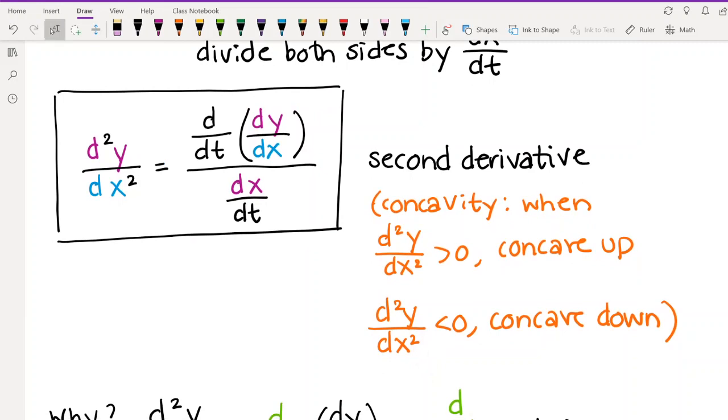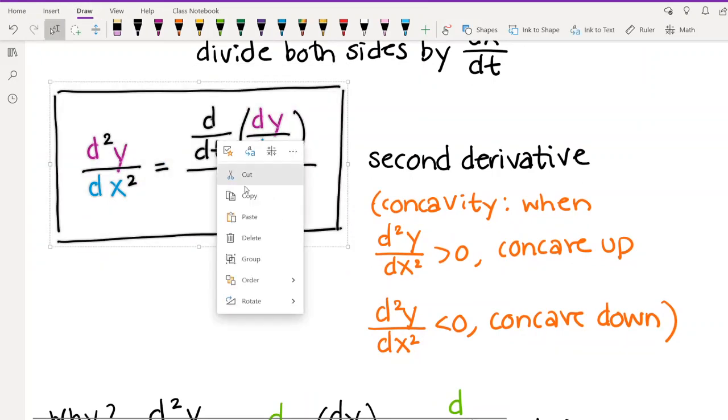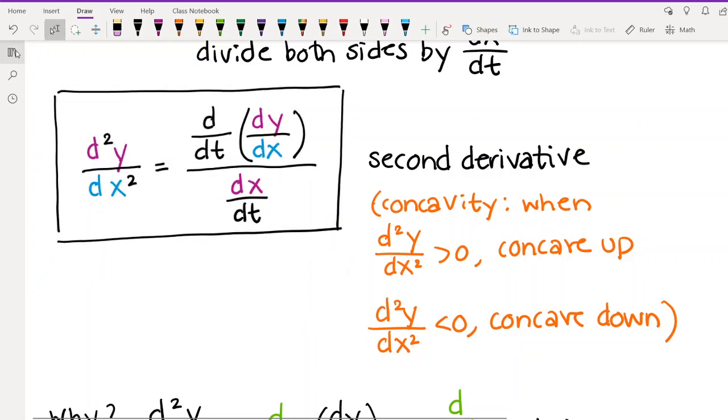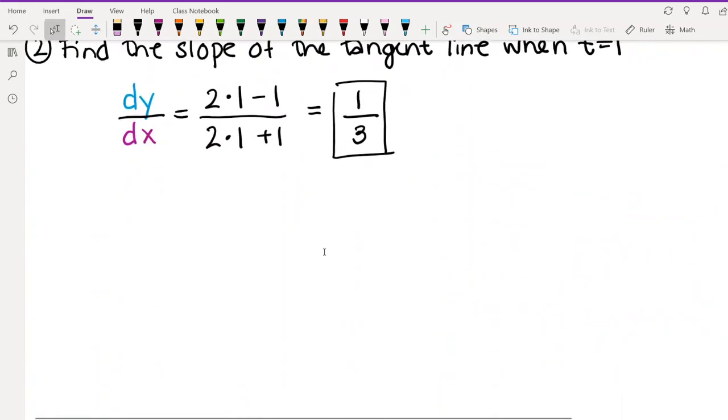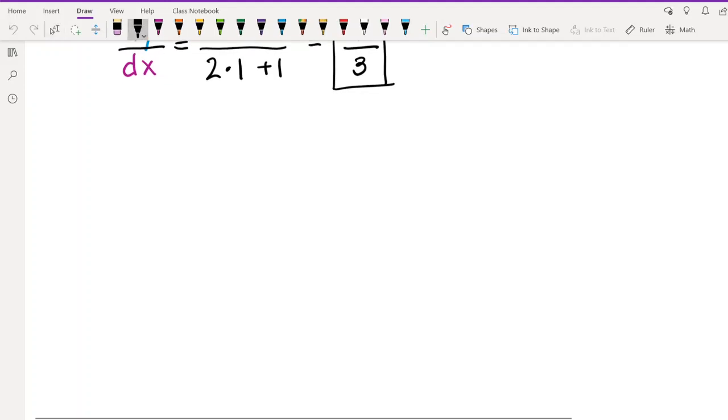Okay, so I'm going to copy this so that when we do our next example, we can have it on hand. But let's now find the second derivative for the same example we just did. So the third thing we're going to do is find, again, d squared y over dx squared.